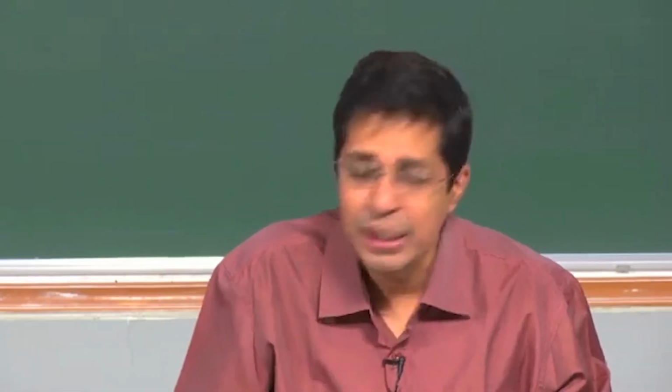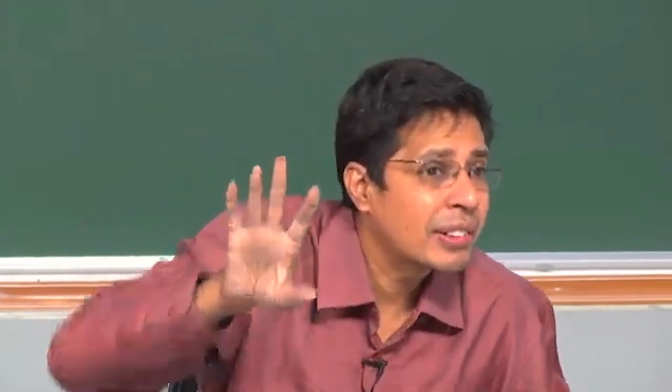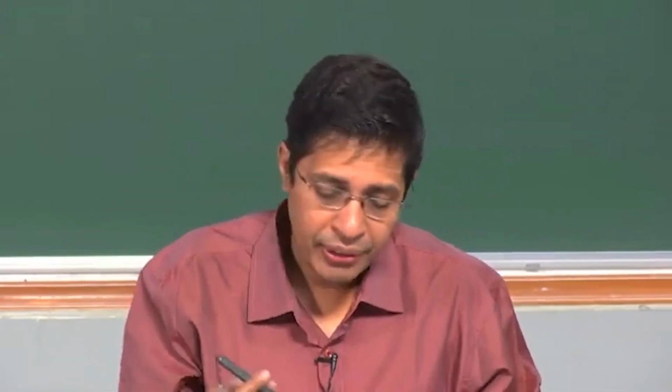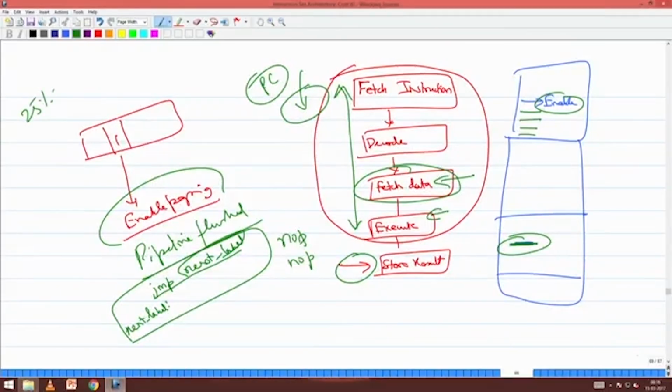Whether after doing a change, all my original programs will work properly or not. So in designing a processor, only 25% is actual design, the remaining 75% is actually verification.